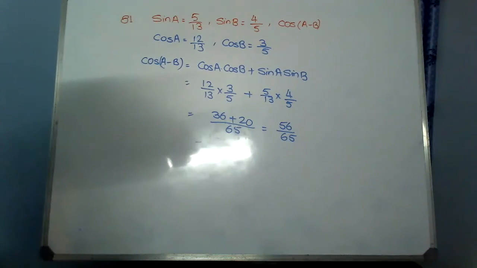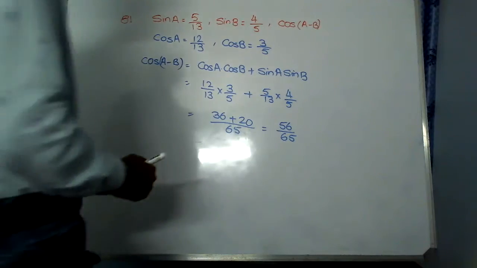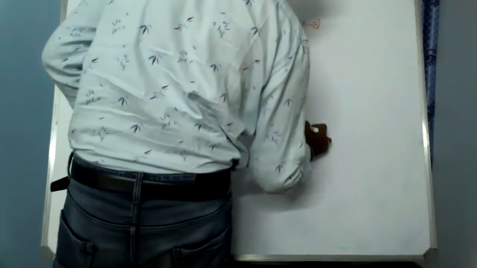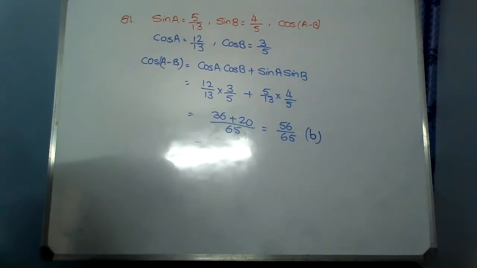Let's see what are your options for this question. Okay, so I have to close this and go to the next sheet. Okay, so your options are there. 56 by 65 is your option B. So option B is your right answer for this question. Okay, fine, let's go forward.